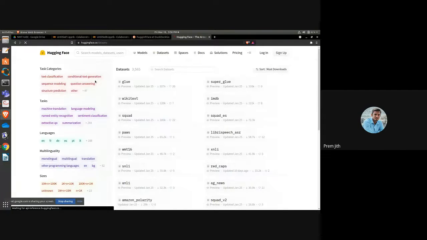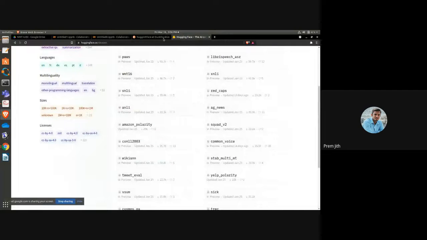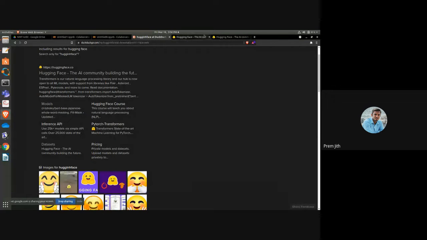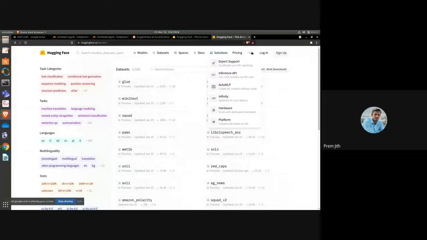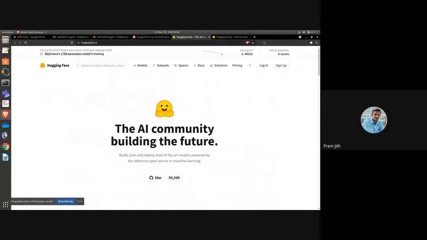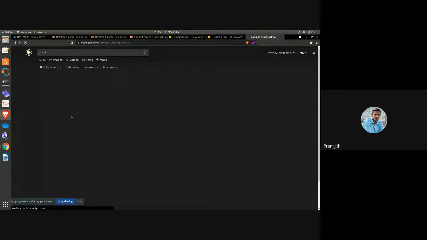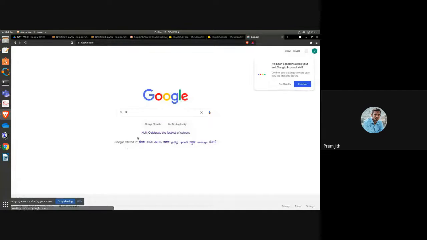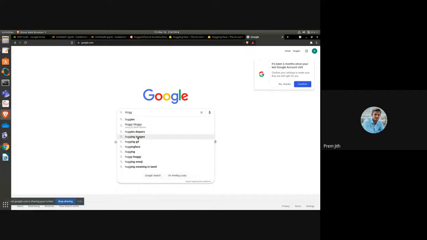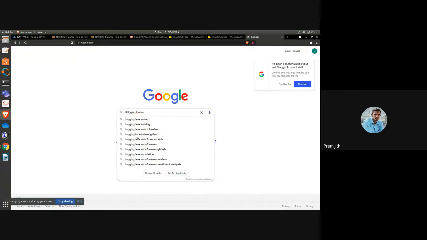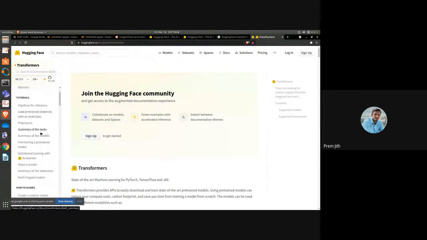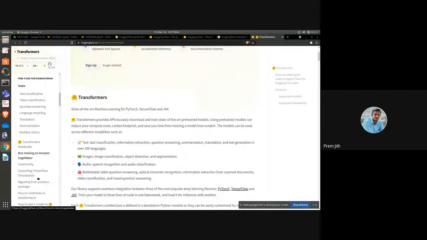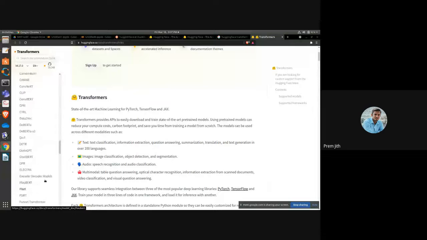Datasets. Yeah, here you can find. So these are the models.